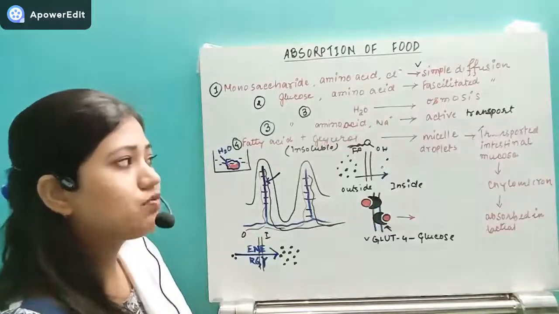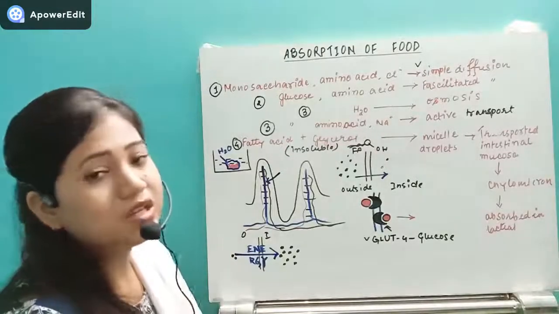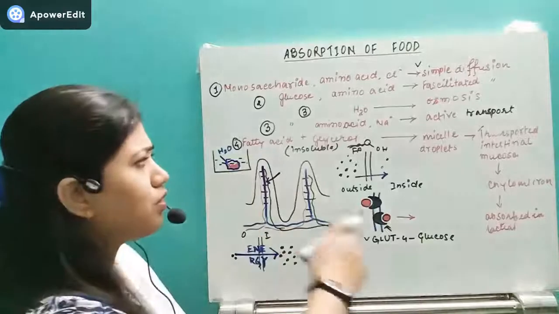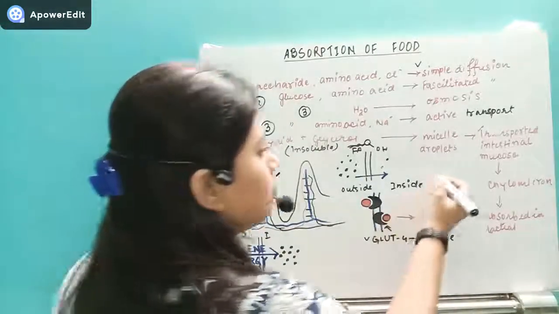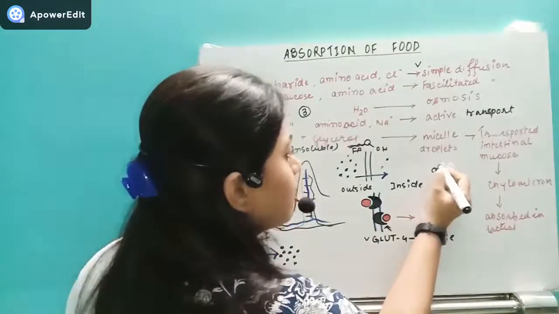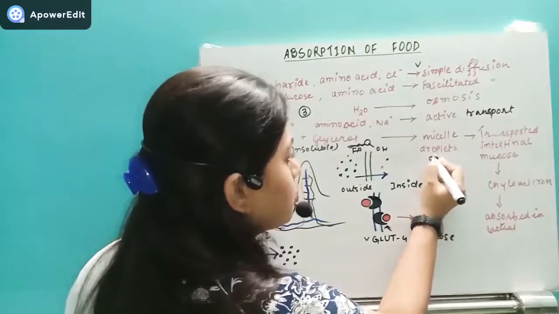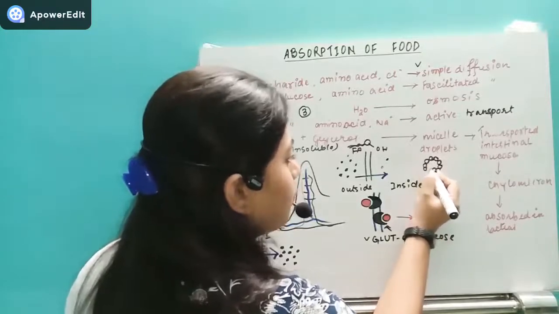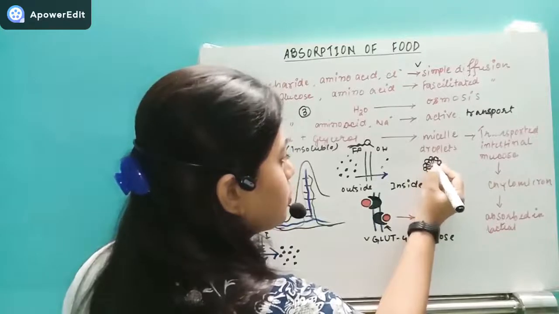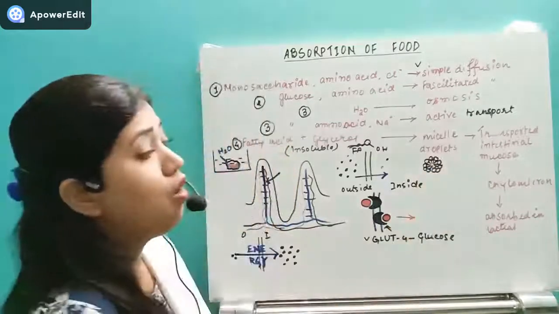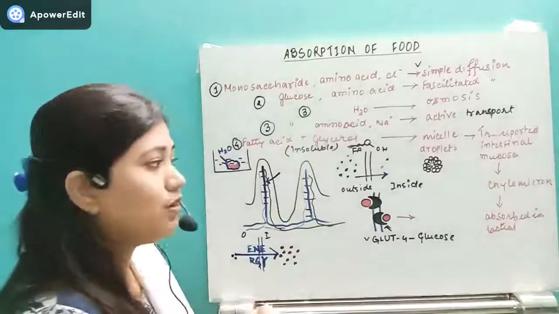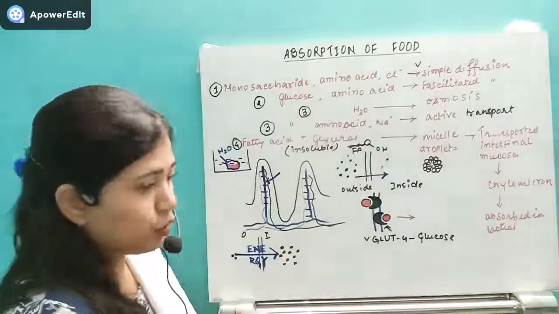So in that case, it changes the configuration. Suppose we have a number of fatty acids and glycerol, it will make a comparatively large structure where the hydrophilic ends will be present towards the surface and the hydrophobic ends will be present towards the middle, towards the center.